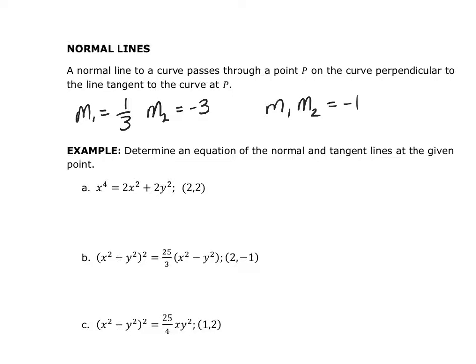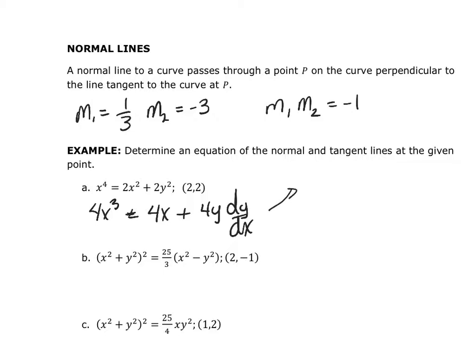So let's do one of these. Let's do A fairly quickly. What I mean by fairly quickly, we have 4x to the third plus or equals 4x, and then plus 4y dy dx. Okay? So I am not going to put and solve for dy dx. I'm going to start putting my numbers in right now.